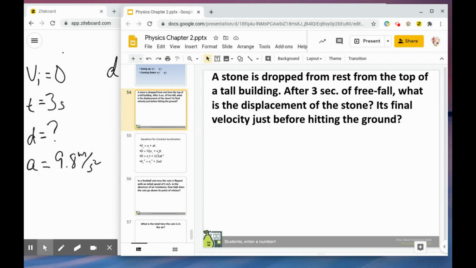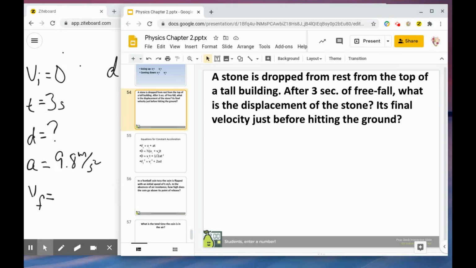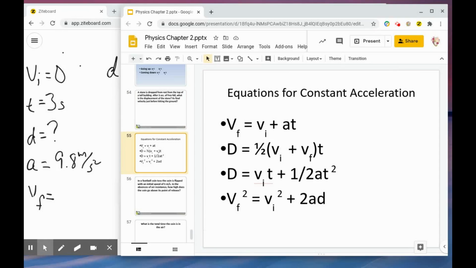Then the next part of the problem asks us its final velocity just before hitting the ground. So now we're looking for VF. We're going to use that same information, all of the info we had before. So we can really use any equation at this point. Probably the easiest one is going to be this top one, VF equals VI plus AT.